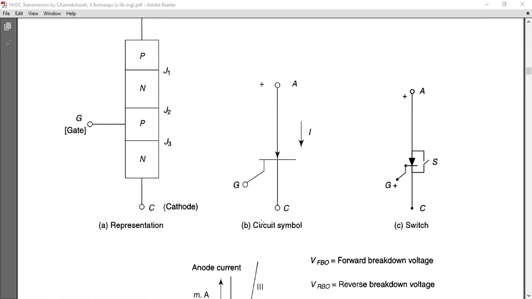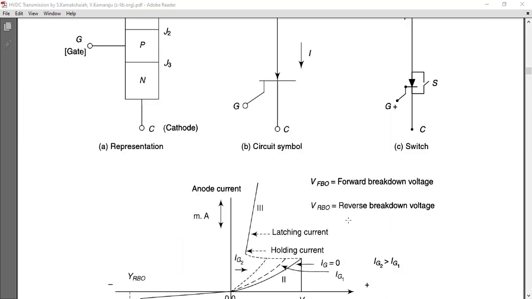This is the circuit symbol of the SCR: anode, cathode, and gate, and the direction of the current is from anode to cathode. This is also the switch symbol we use for the SCR in circuits. When the switch is closed, the SCR is on. When the switch is open, the SCR is off.